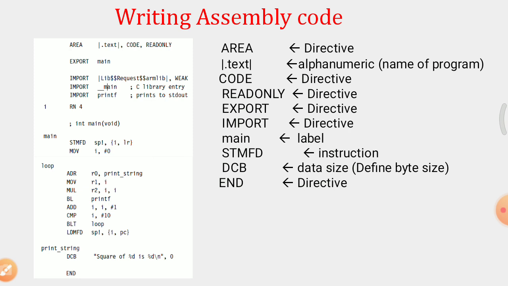The third place denotes either code or data. If it is code, the section lives in the code area or code memory. If we have specified it as data, then the section lives in a data area.